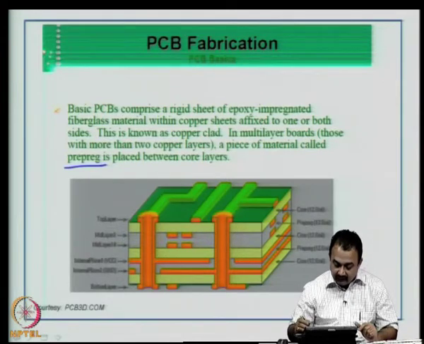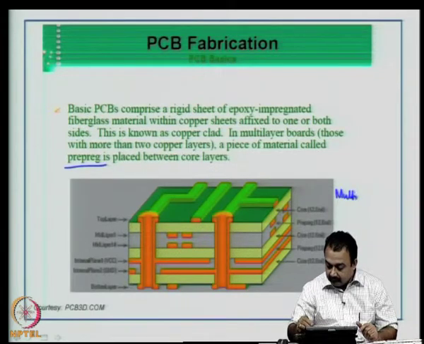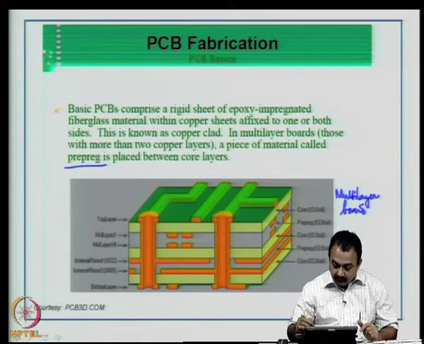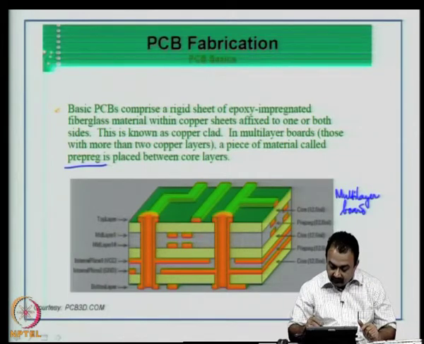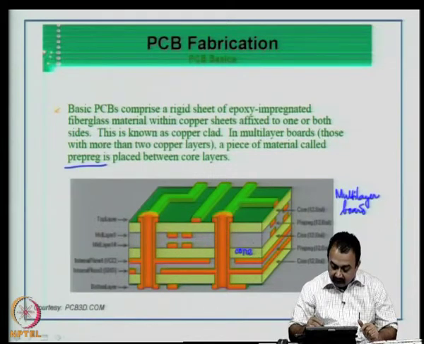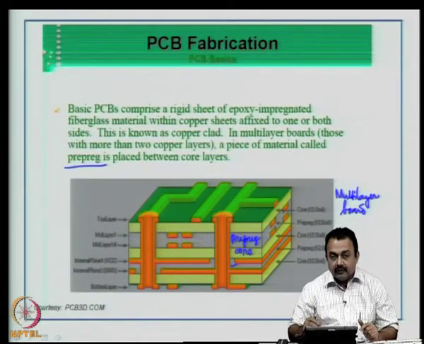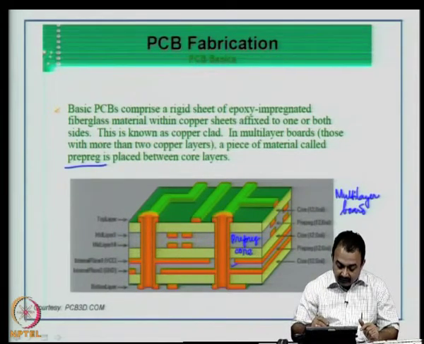So, if you can see in this particular figure, this is an example of a multi-layer board. What you are seeing is a cross section. There is a basic core that is used. This is the core, and then we have the dielectric pre-preg material. This is the pre-preg. Then you can have another pre-preg here, and then the copper is built around this, okay, and that is how you create copper layers in the inner layer of a multi-layer structure.